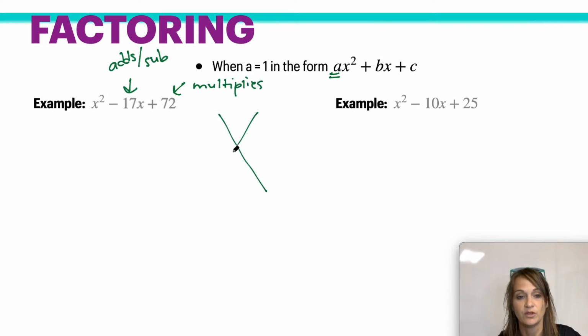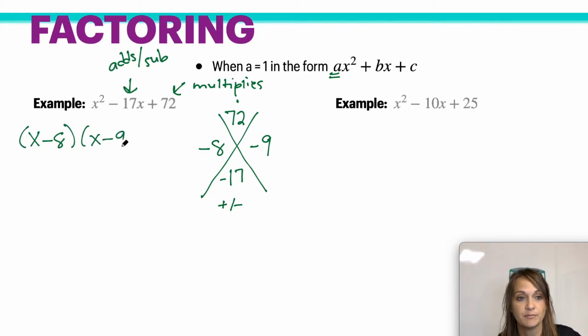And so the way I teach is do a big X. What multiplies to give you this number, and what adds or subtracts to give you this number. And so the answer would be a negative 8 and a negative 9. Negative 8 and negative 9 add to give you negative 17, but they multiply to give you a positive 72. So the factors would be x minus 8 and x minus 9.